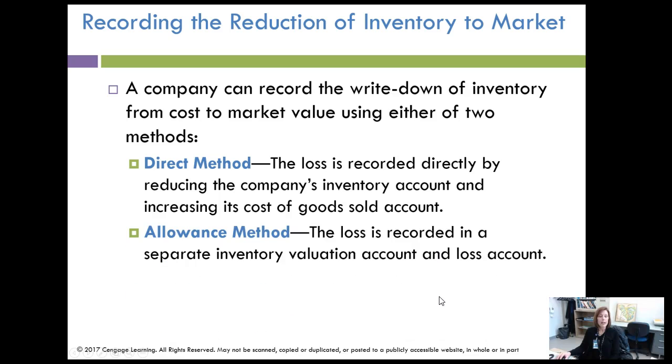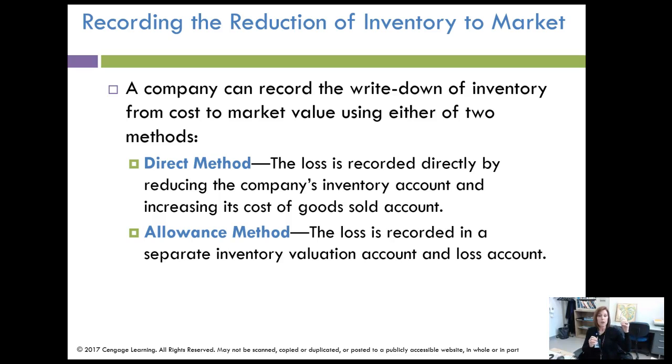So this lower of cost or market method results in the market method being lower, we then need to write down our inventory from the cost that's on our books to recognize now the market value. And there's two ways to do that. There's the direct method and there's the allowance method. If we use the direct method, we're going to record the loss directly to the inventory account.